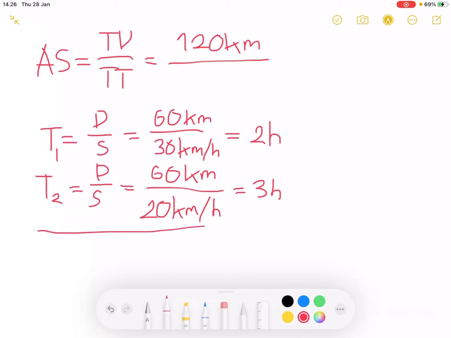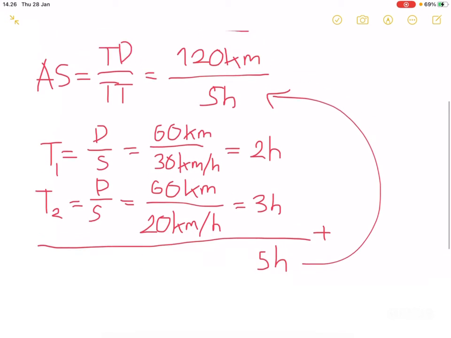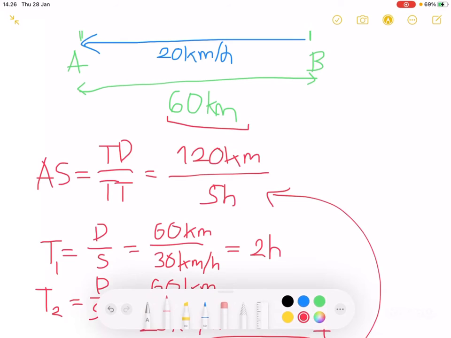Then you sum these up to get the total travel time for this journey, which is 5 hours. Plugging this in, we calculate that it becomes 24 kilometers per hour. And this is the average speed for the journey.